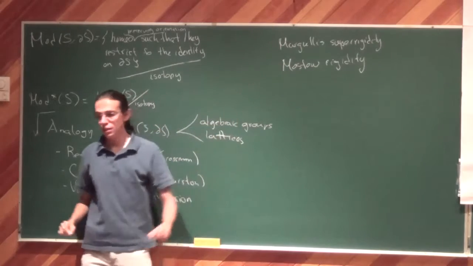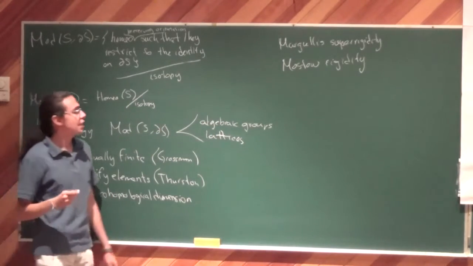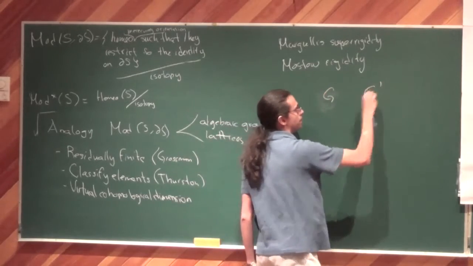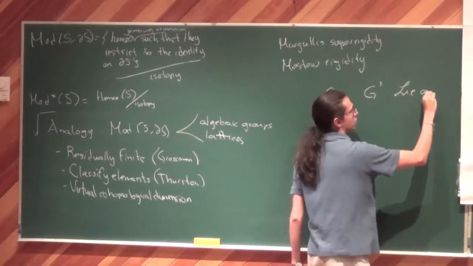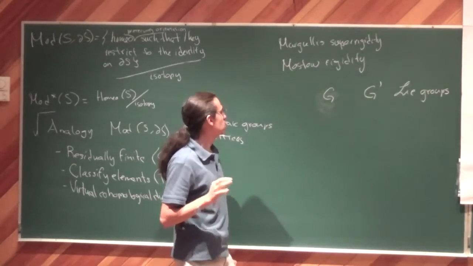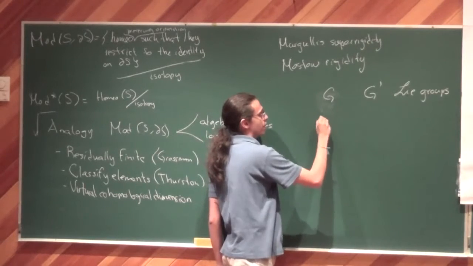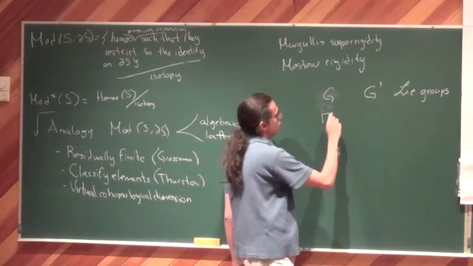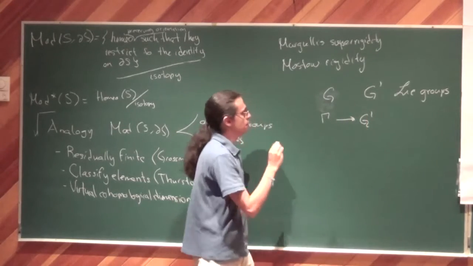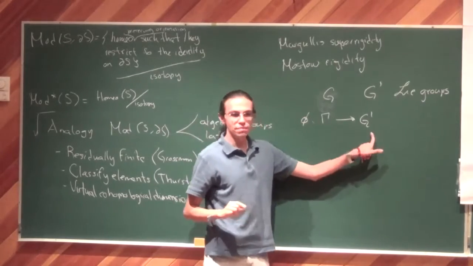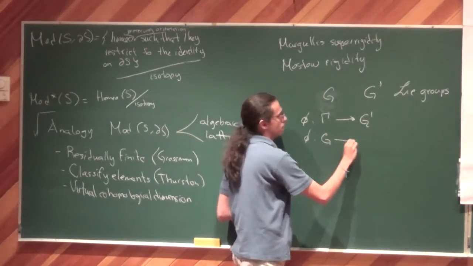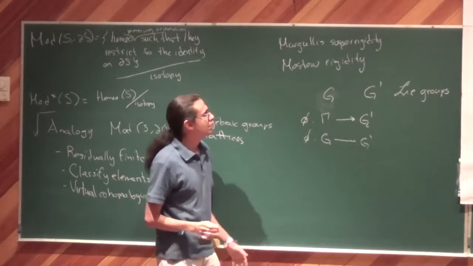The first one, Margulis superrigidity, pretty much tells us that given two Lie groups, G and G prime, with certain properties, I'm not going to give too many details, and an irreducible lattice gamma in G, and a homomorphism from the lattice to G prime, this homomorphism can be extended to a homomorphism from G to G prime. Okay? Given good conditions.